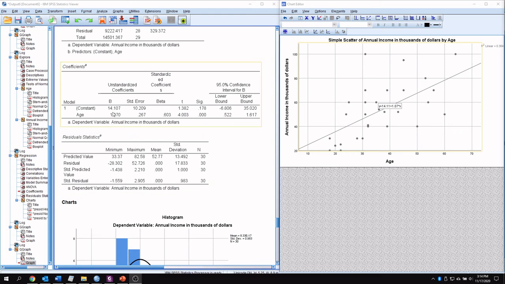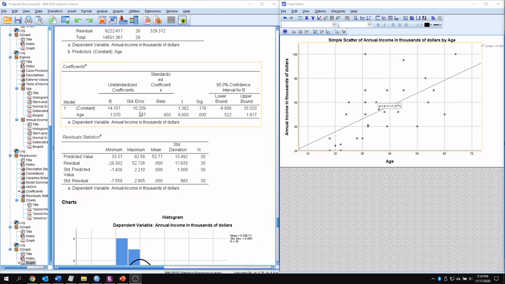But as far as its meaning beyond that, it really doesn't mean a whole lot, because if we were to take it to its logical conclusion, this would mean that people that are 0 years old would be making $14,000 a year. Now, we know that's not correct.